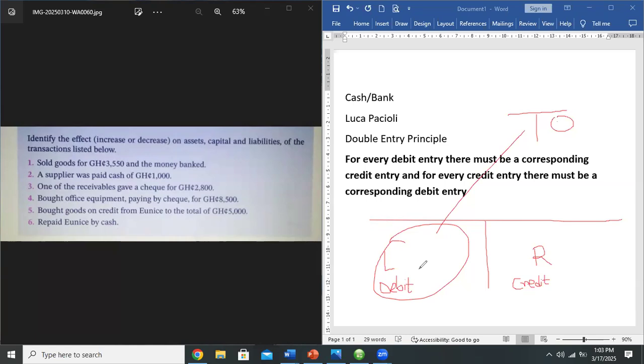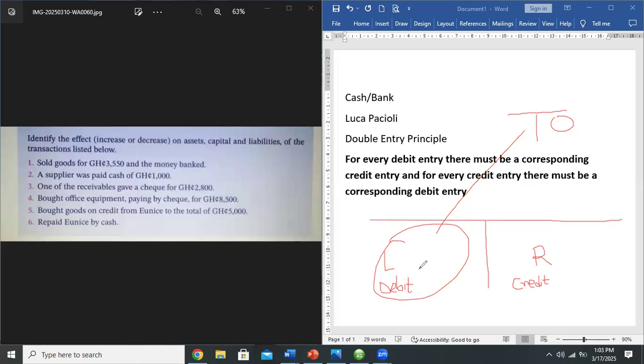Yeah, please, can you come again? Is it on the side, the left side, right side, or the principle itself? The principle. Okay, so the principle says that for every debit entry, there must be a corresponding credit entry. And for every credit entry, there must be a corresponding debit entry, right? That's the principle.